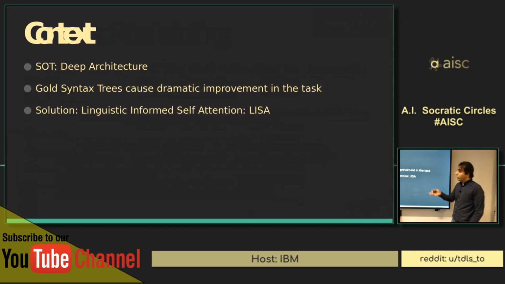It has been shown that if you provide gold syntax trees to previous algorithms, not much self-attention specifically, although I think a couple of instances are there, the syntactic trees can improve the performance for older architectures quite substantially.